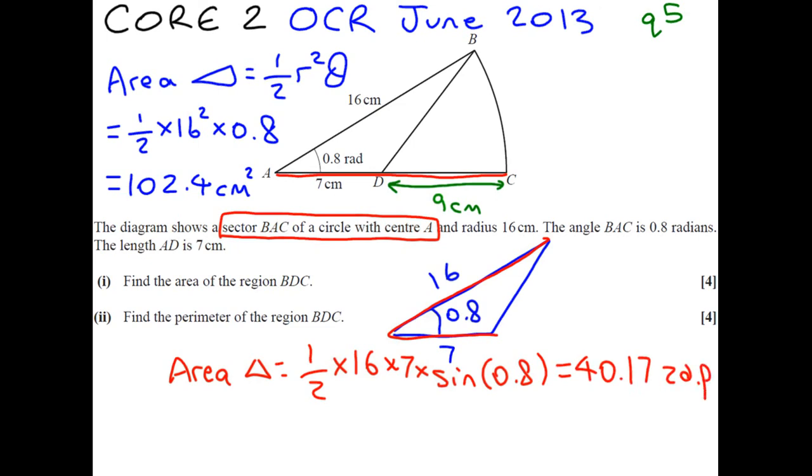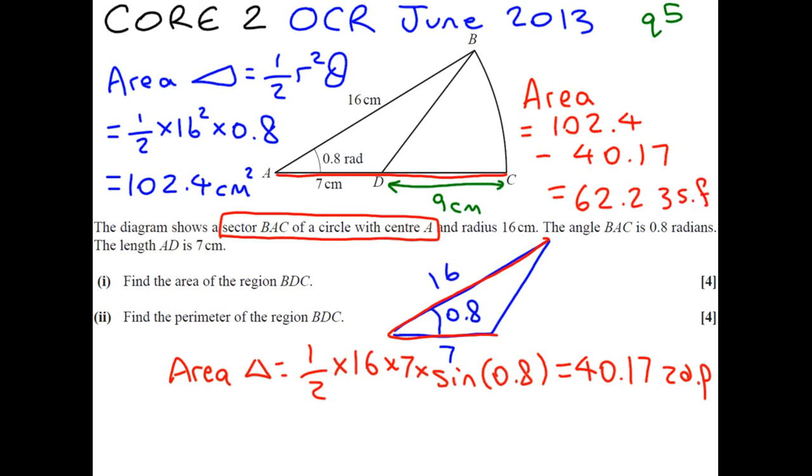So if we want the remaining area, when we take away the triangle, the area is going to be 102.4 take away 40.17, which gives us 62.2 to 3 significant figures. Okay, so that is the first part of the question done.